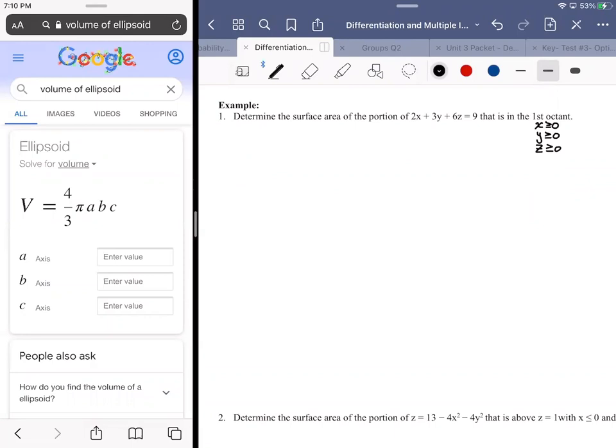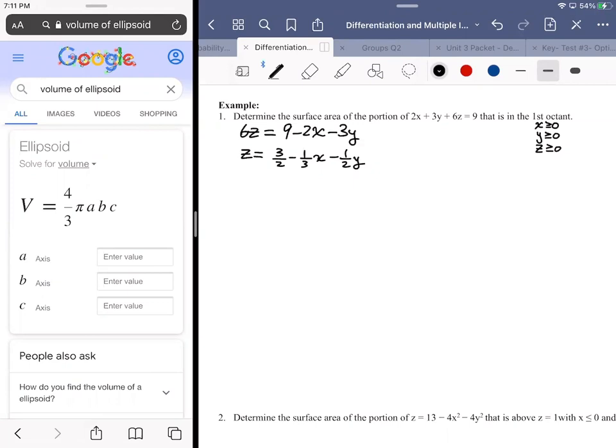But in order to use the formula, I need the partials. We're not always going to want to solve an equation for z in terms of x and y, but in this case, it's not too bad. So I'm looking at 6z equals 9 minus 2x minus 3y. If we divide by 6, we're looking at z equals 3/2 minus 1/3 x minus 1/2 y.